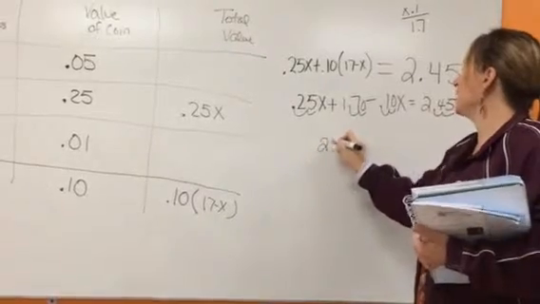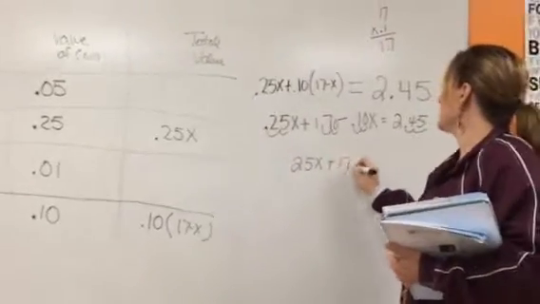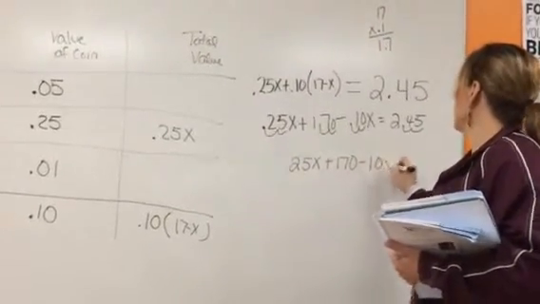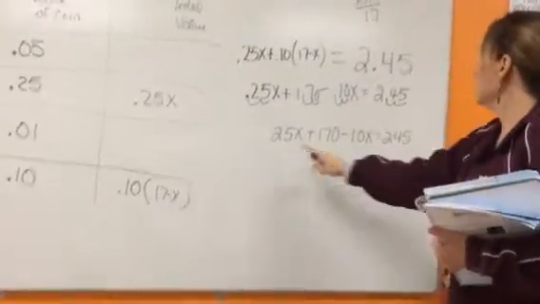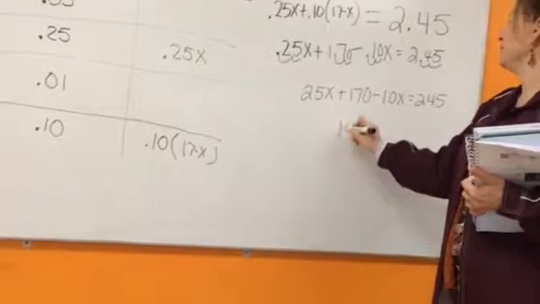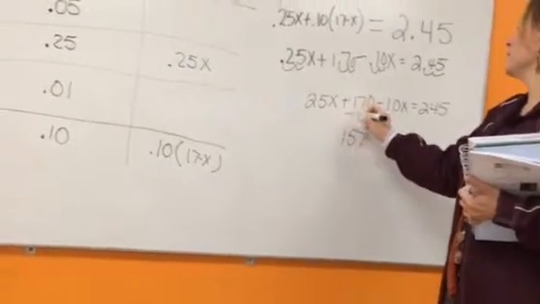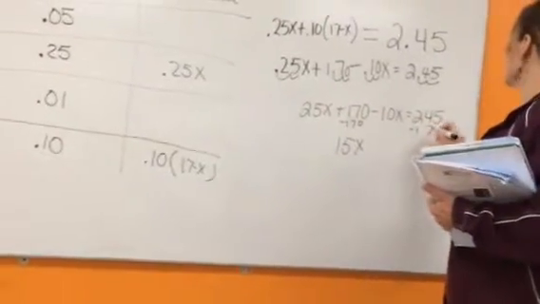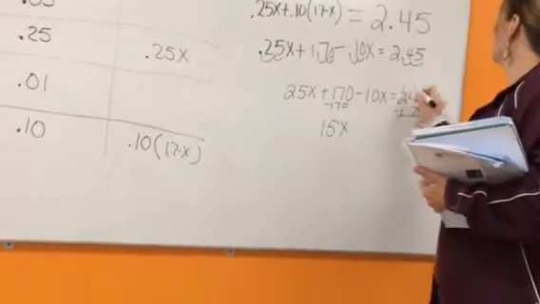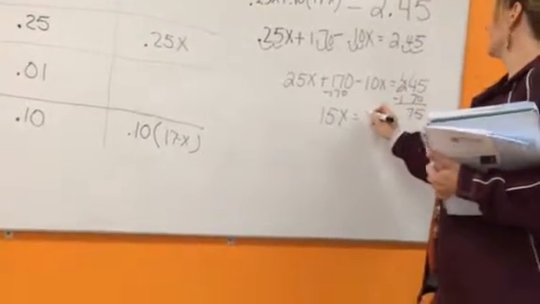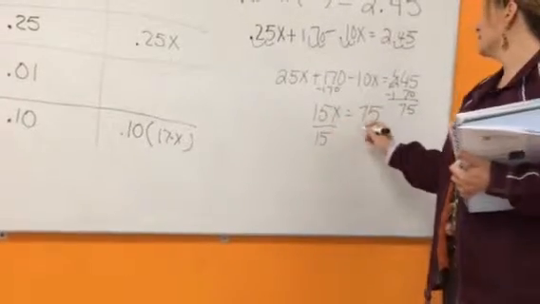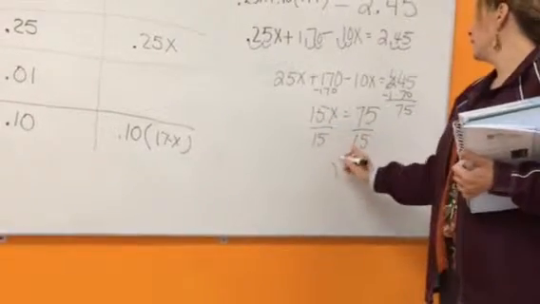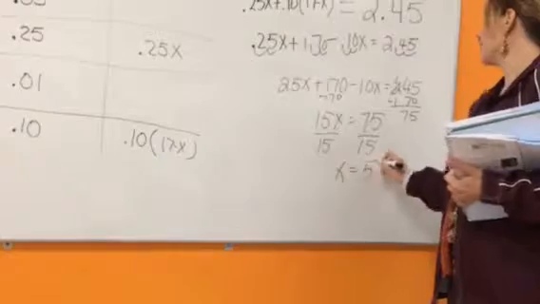So I have 25x plus 170 minus 10x equals 245. Now 25 minus 10 is 15x. I'm going to subtract 170 on both sides, and I get 15x equals 75. Divide by 15, x equals 5.